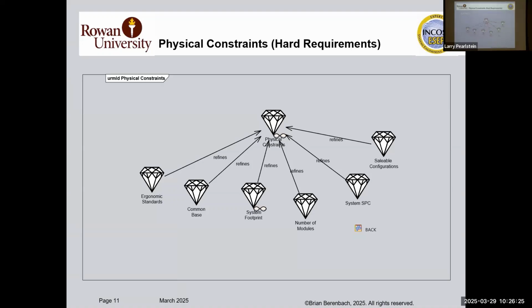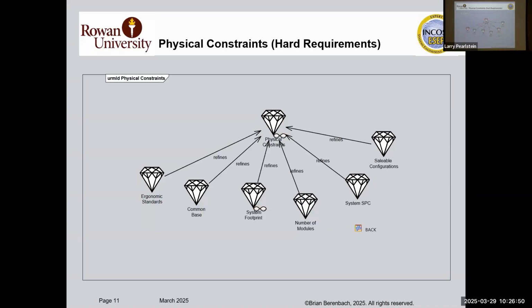So here we see some physical constraints. Now, these are just boxes in SysML, but I have changed them to diamonds because I think they're very important. And if you look at a sheet of paper and all you see are boxes, you can get wiped out very easily, you know? So these are just boxes, but I changed the symbol.